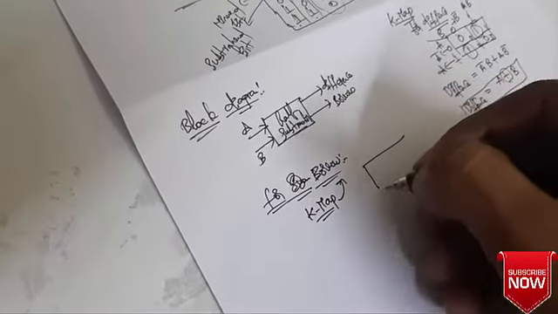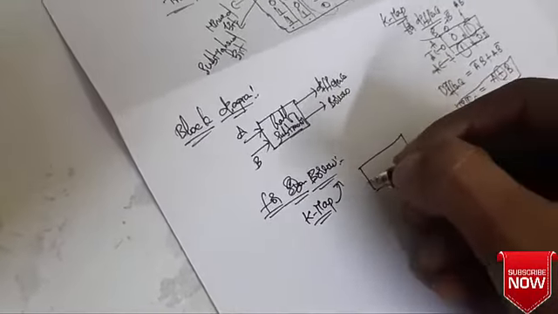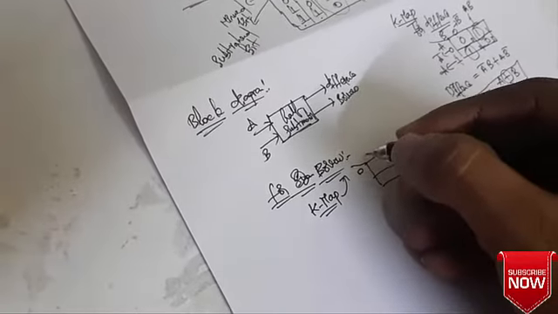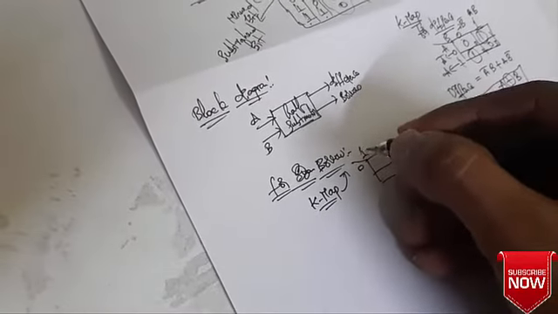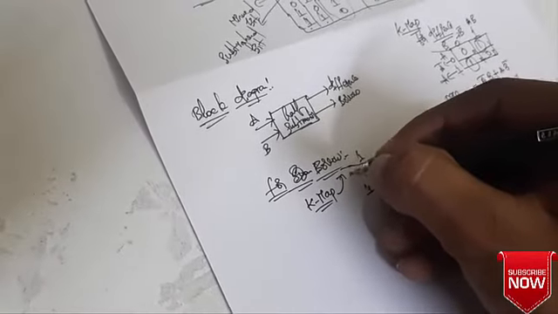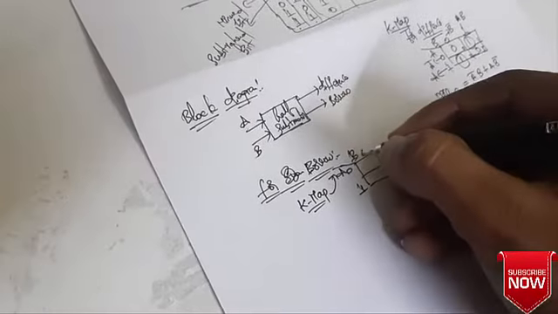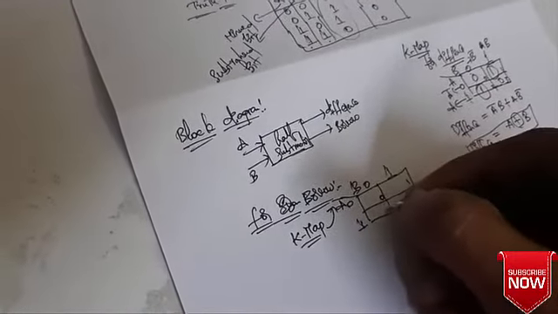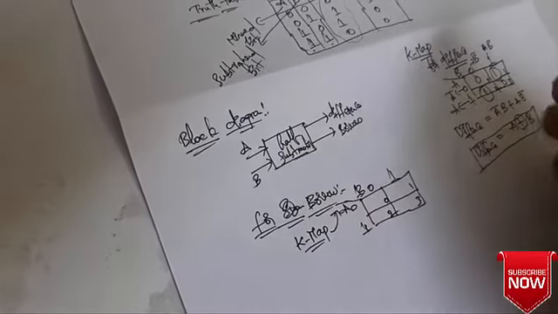Here this will become 0, this will become 1, and here you will get A, B, right? Here 0 1. Here you can observe 0, 1, 2 and 3.